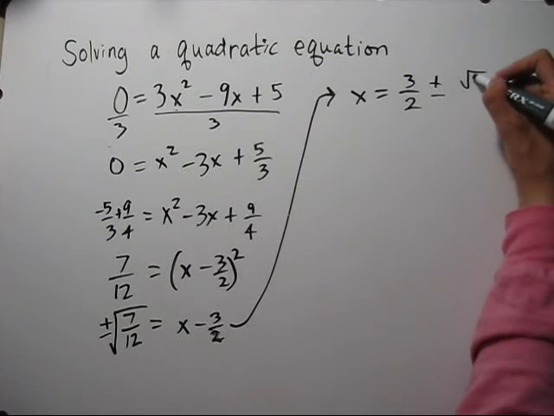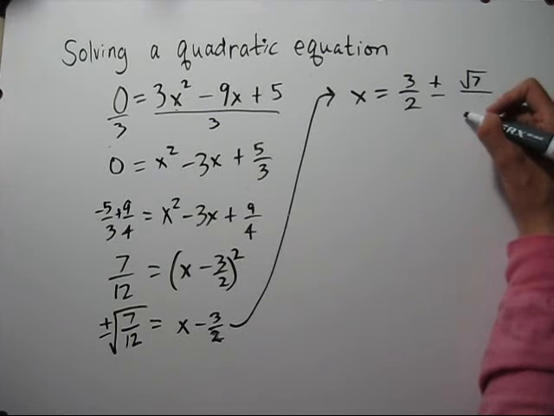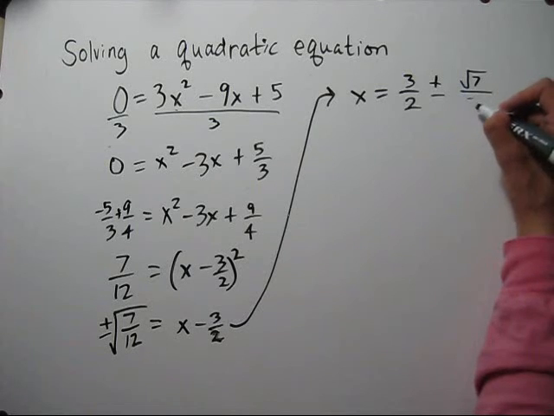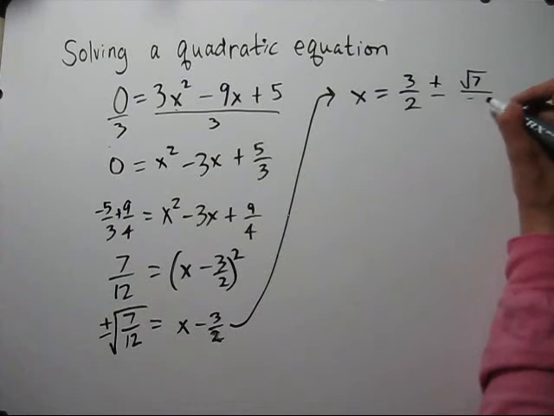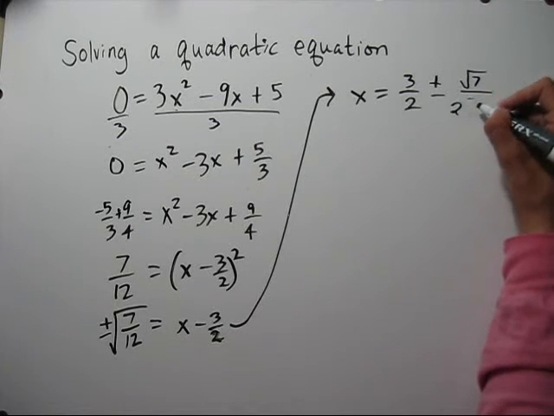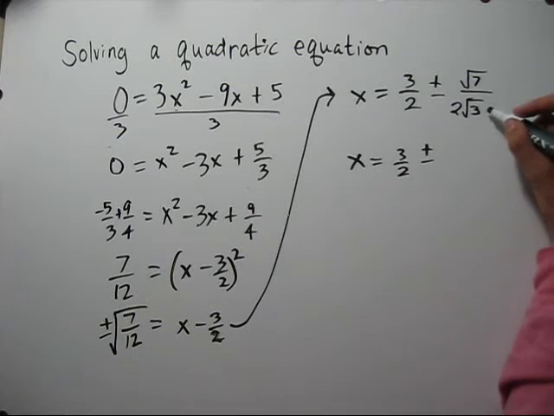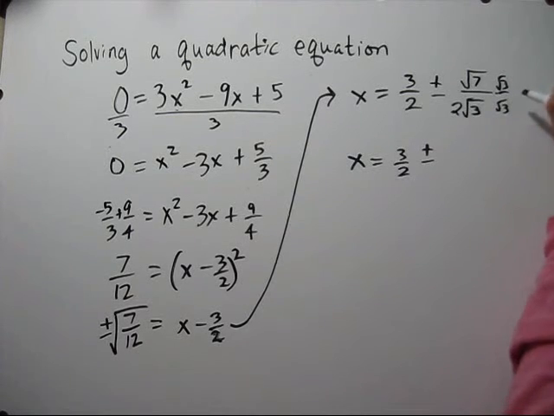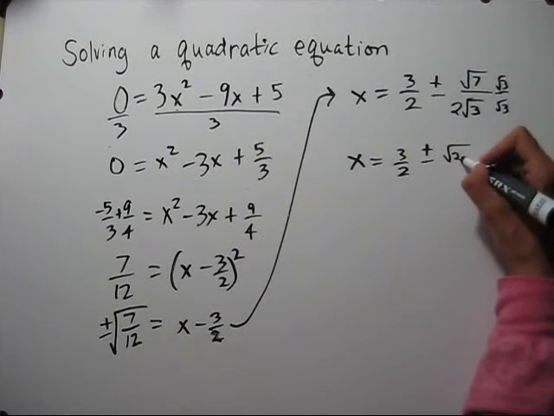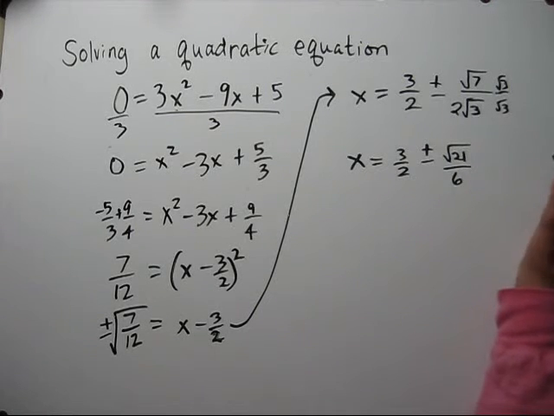Let's split up the square root of 7/12 into square root of 7 over square root of 12. Square root of 12, 12 is 4 times 3, so we can pull out the 2. Square root of 4 is 2. And let's rationalize this denominator by multiplying by √3 over √3. So we'll have the square root of 21 over 2 times 3, which is 6.